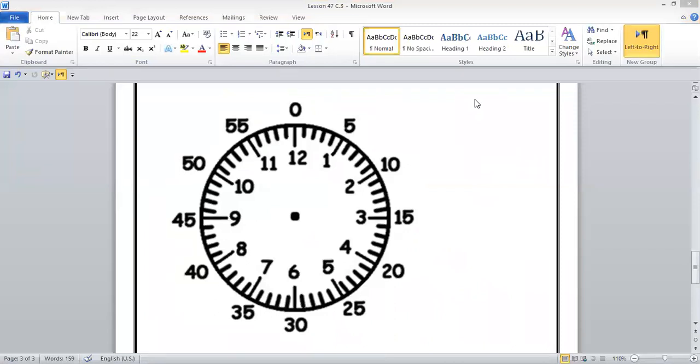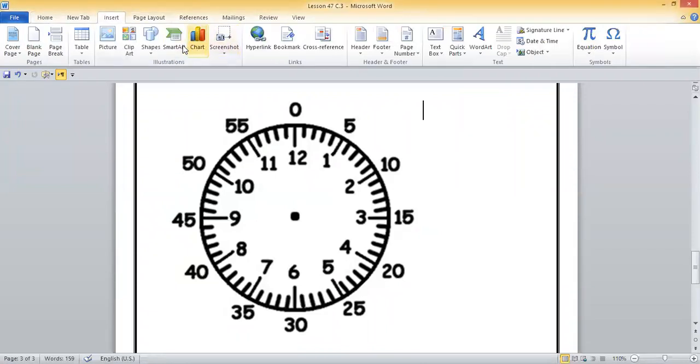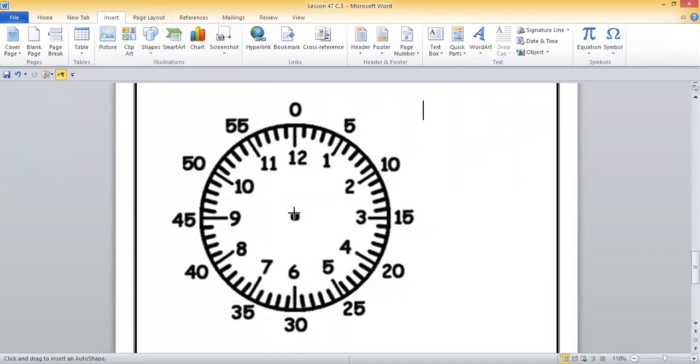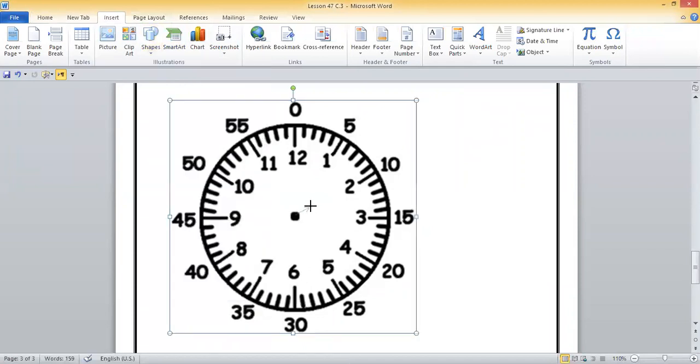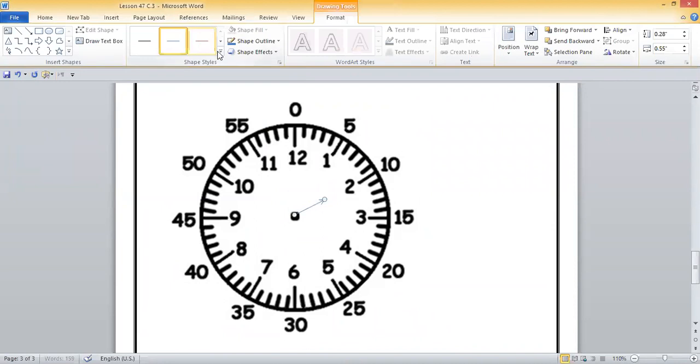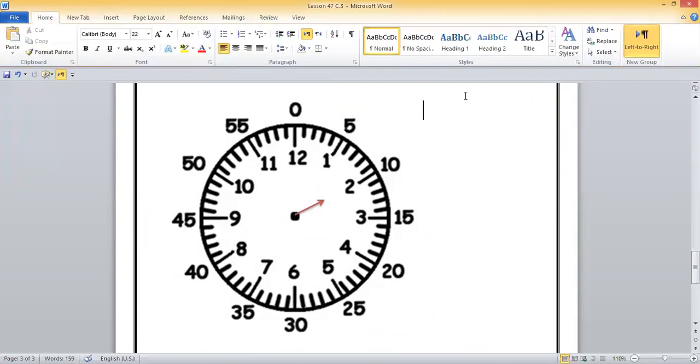Yes, sir. That's very good. Now I'm going to draw the hands here. This is the short hand. Yes, guys.